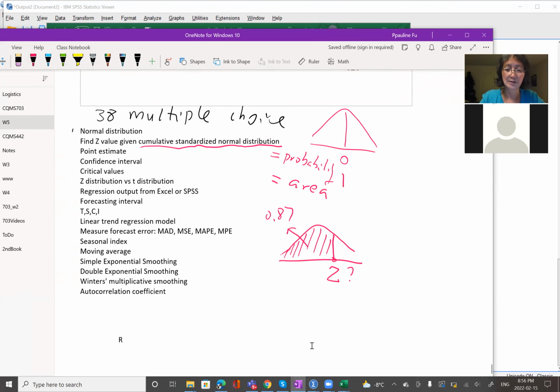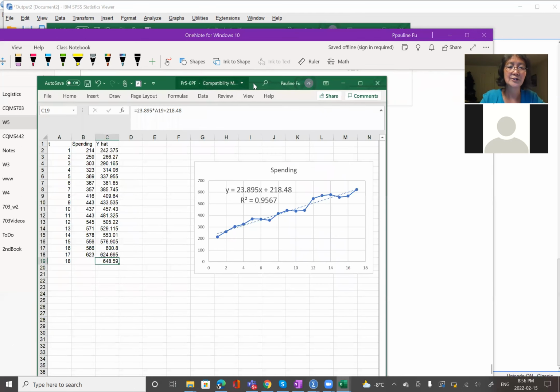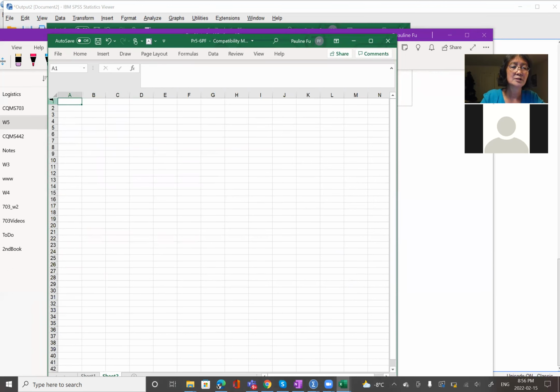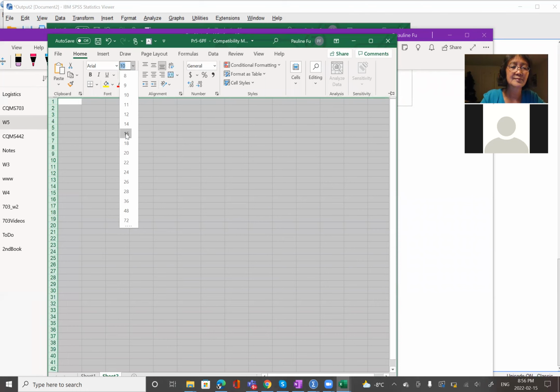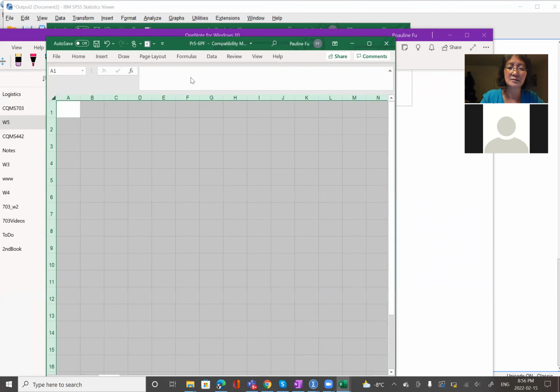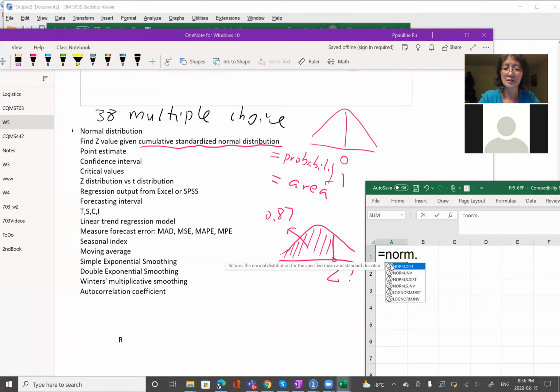Okay, so let's do the Excel. Let's open a new worksheet. Increase the font size. So you use NORM.S.INV because you want to find the value.